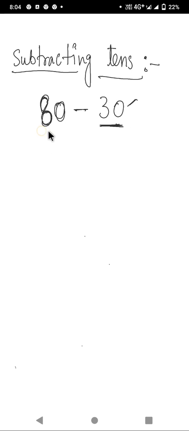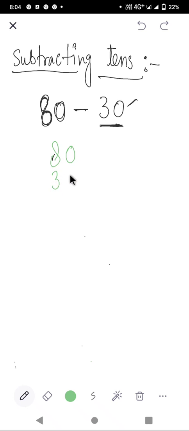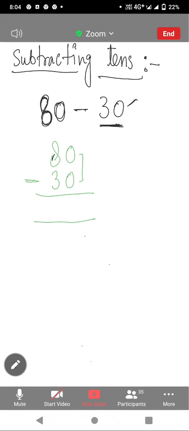Okay, so first we will arrange these numbers in column like this. The bigger number comes first. In subtraction we always write on the top the bigger number. Okay, so bigger number is 80. First we will write 80, then we will write 30 below 80. Then we will put the minus sign here. Okay, so start subtracting from the ones place digits. So 0 minus 0 is?